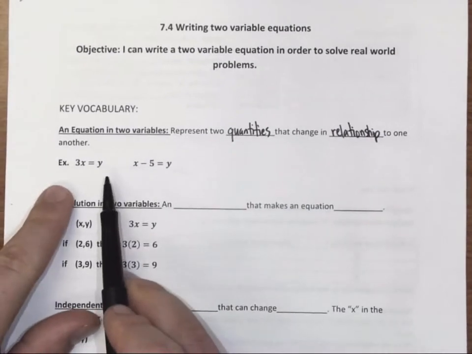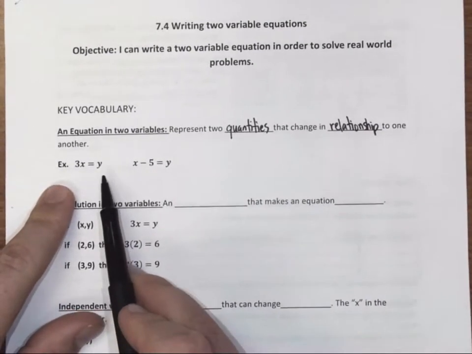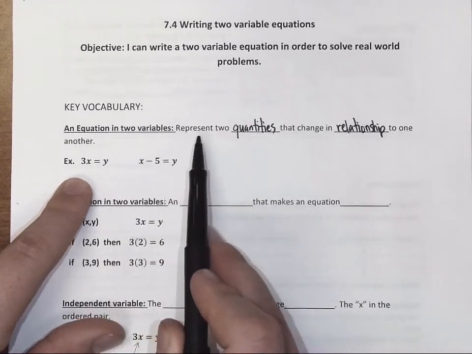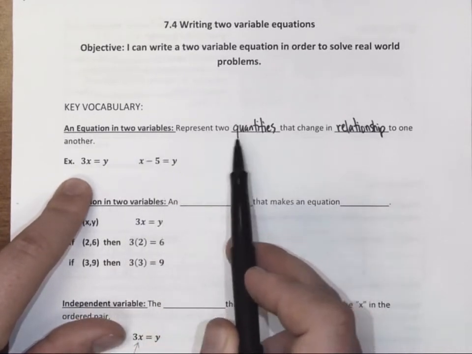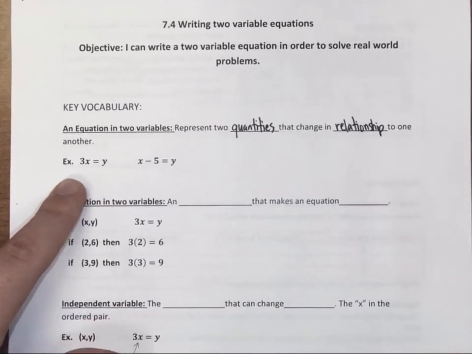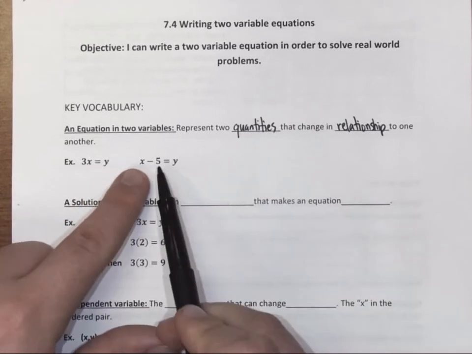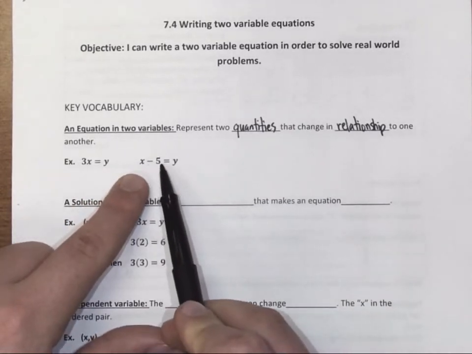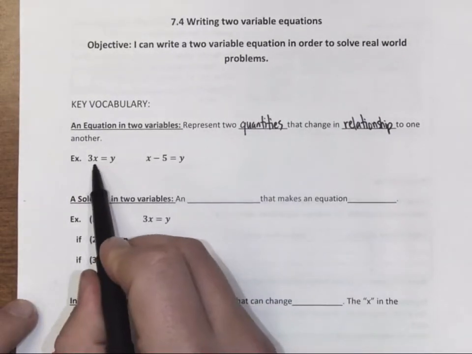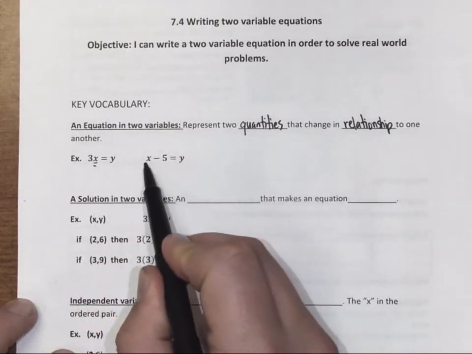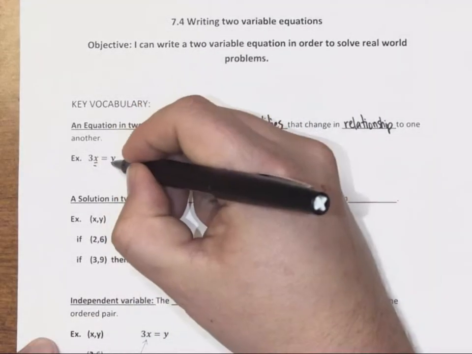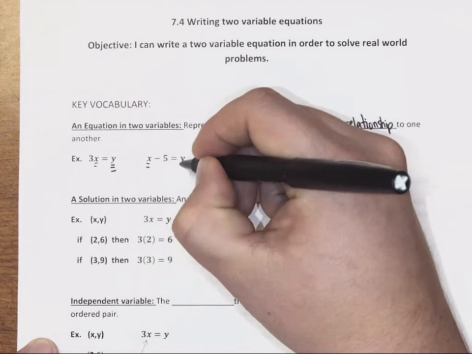For example, if we have 3x equals y, that would be a two variable equation that has two quantities, x and y, that will change in relationship to one another. Or another example would be x minus 5 equals y. In both examples, notice that the x is on the side with the operation, and the y is always our solution.